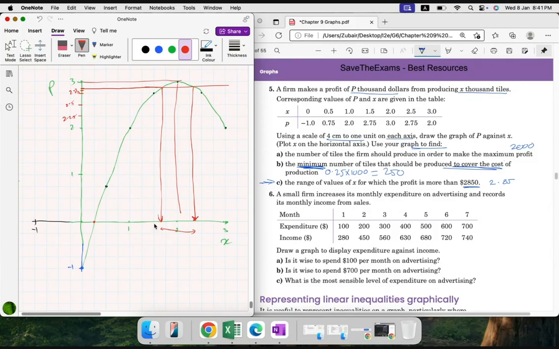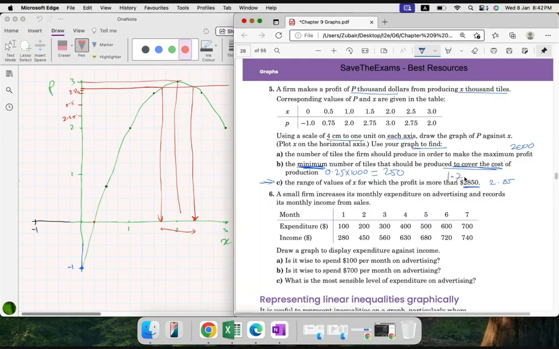And I think that is 1.5, 1.7. 1.7 to 2.3, or 1.75. 1.7 to 2.3. What do you say? Yes, sir. Okay.